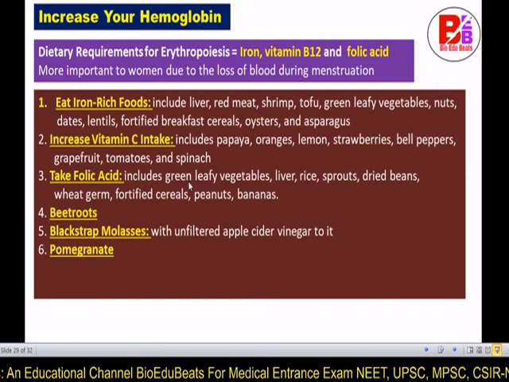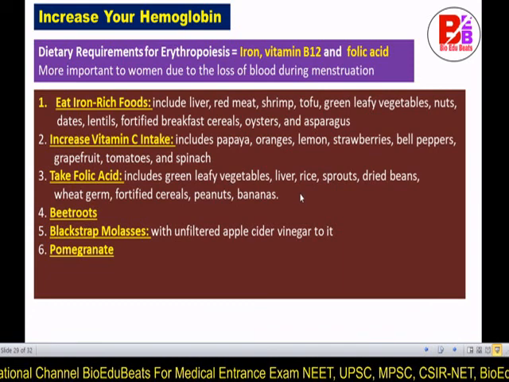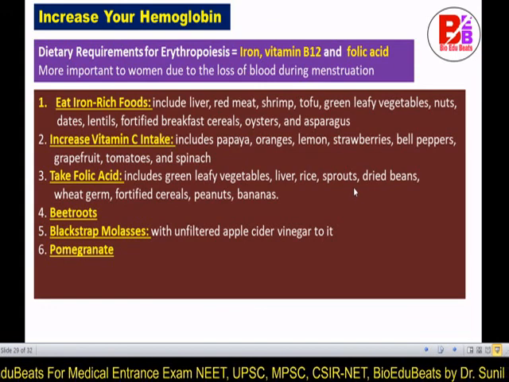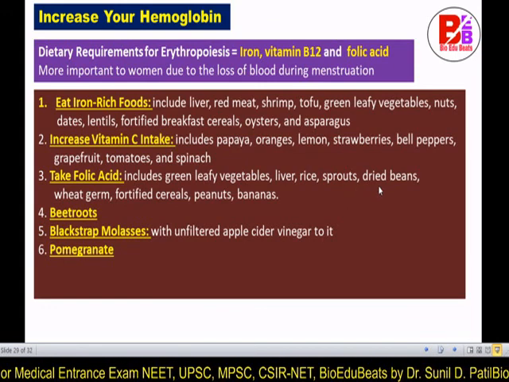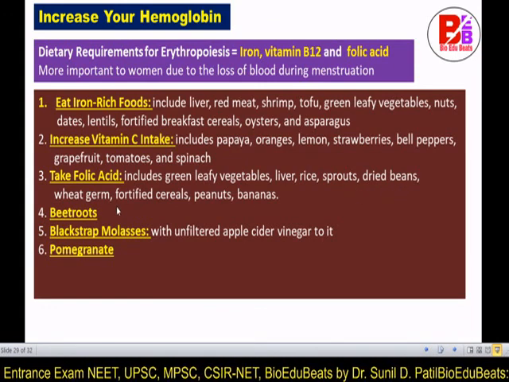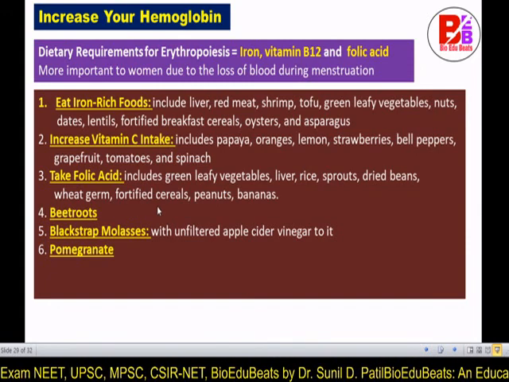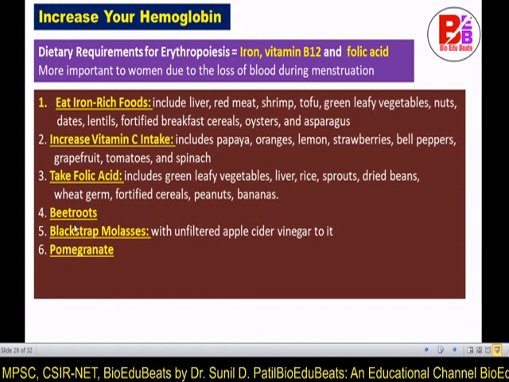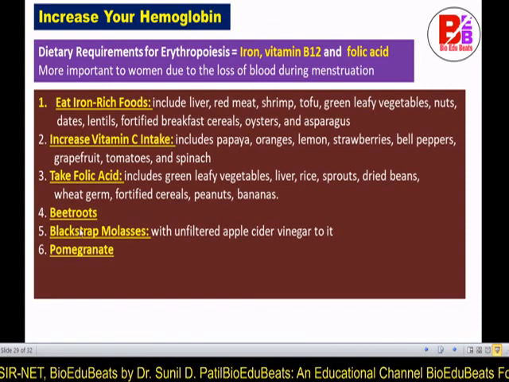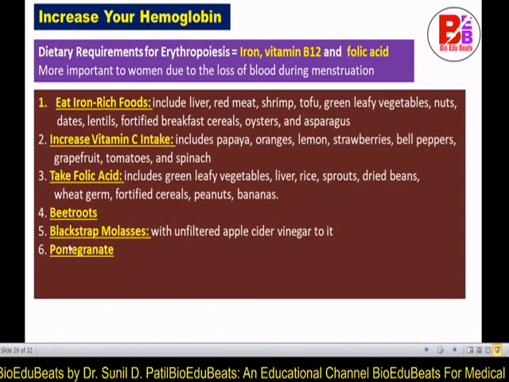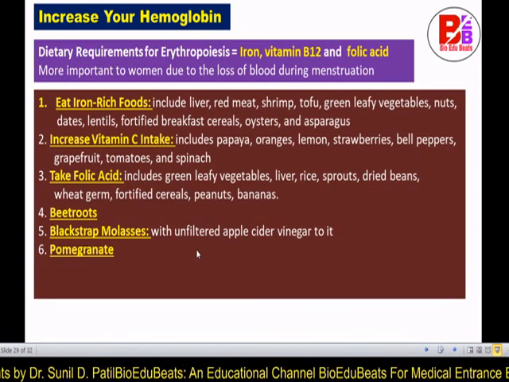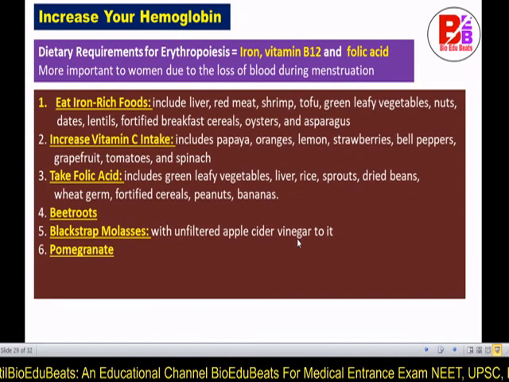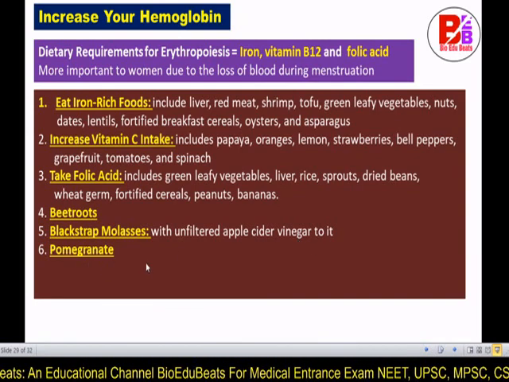Again, green leafy vegetables are very important in many cases. Liver, rice, sprouted things, dried beans, wheat germ, fortified cereals, peanuts, bananas, and beetroot contain folic acid. Then blackstrap molasses with unfiltered apple cider vinegar or honey, and pomegranates.